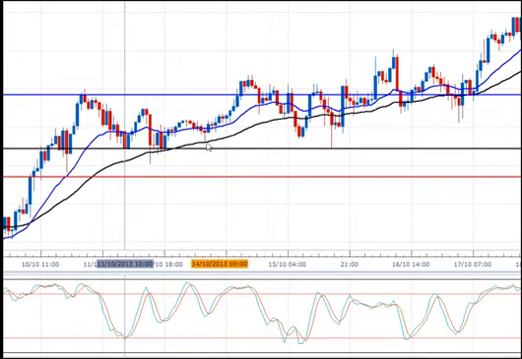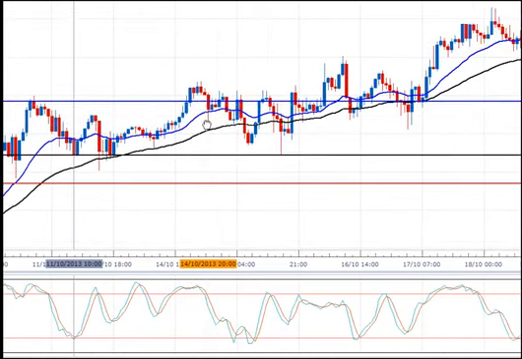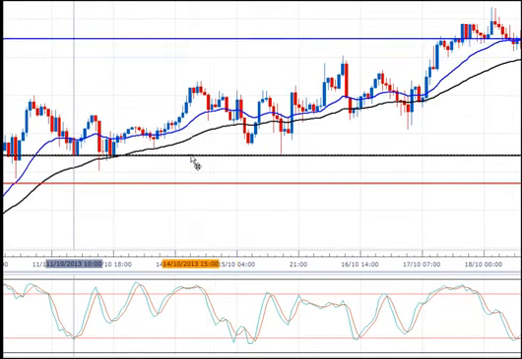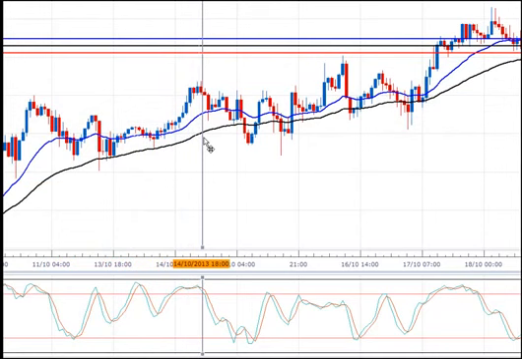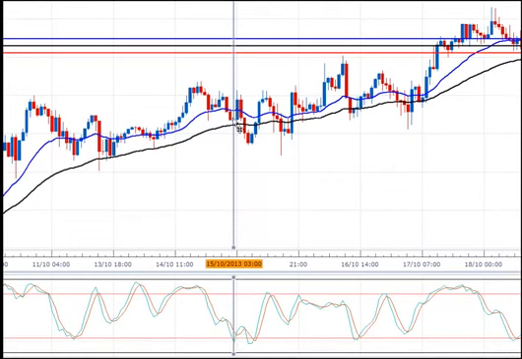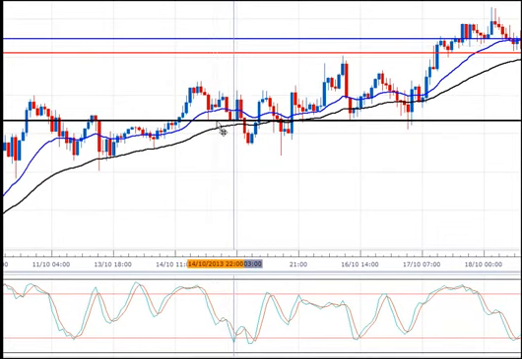Since it's continuously trending, what we do is wait for the next chance to trade. So I take away this line first. As you can see, the price eventually hits, you can see the stochastic hit this oversold zone here. At the same time, it hits the so-called EMA. So we enter a trade at this point again.